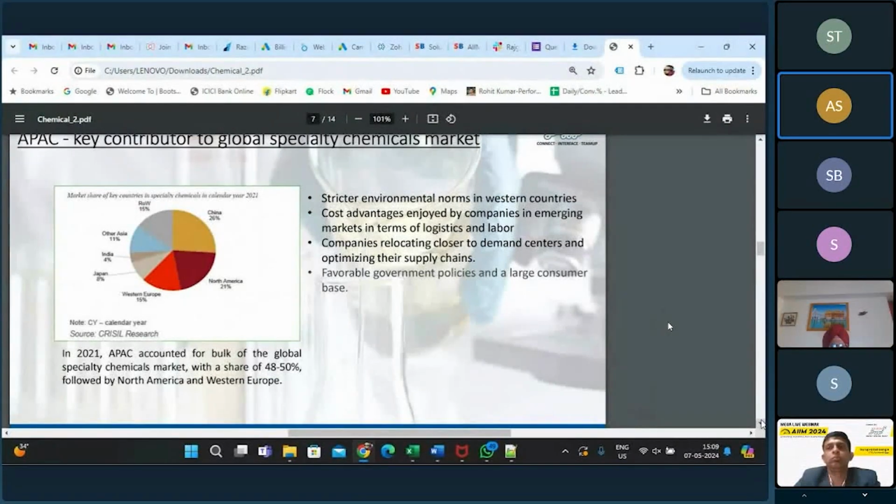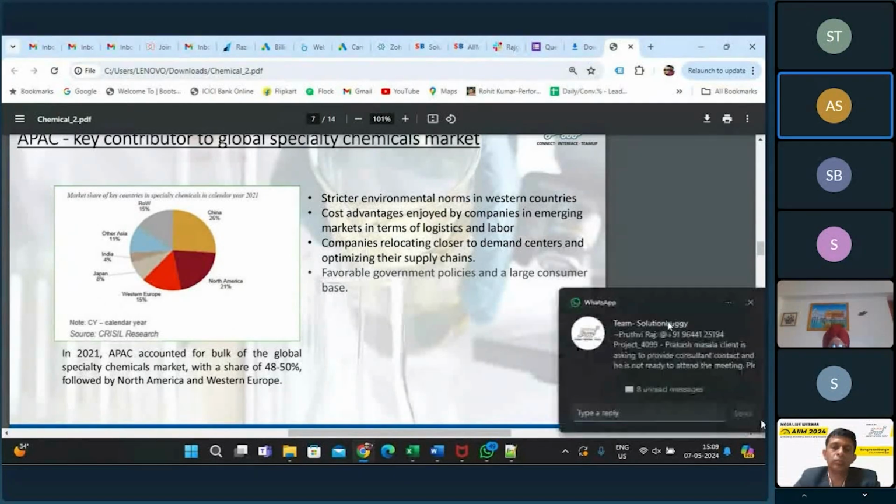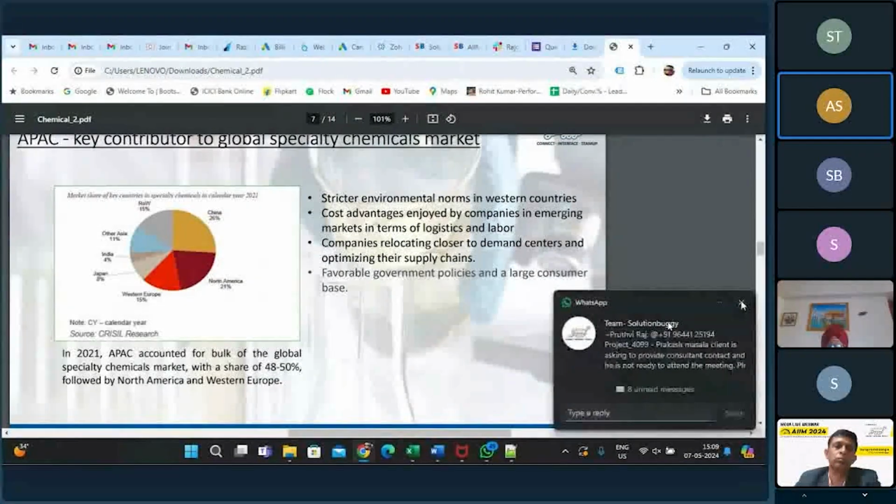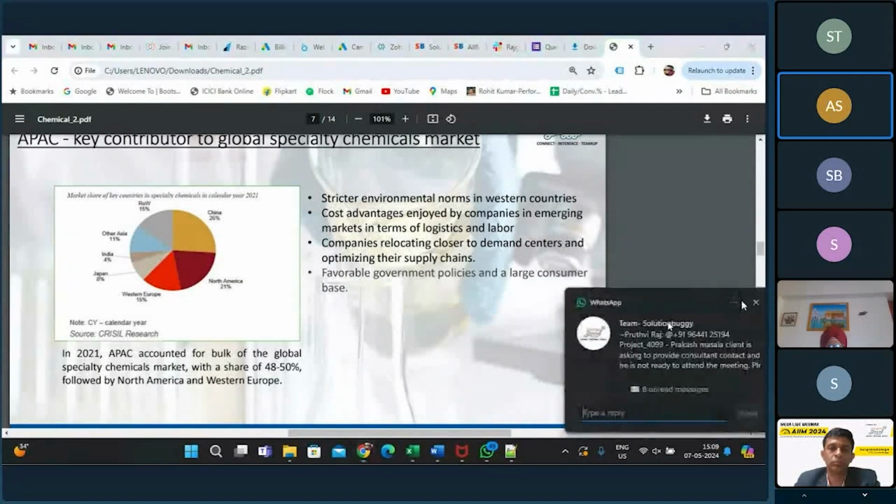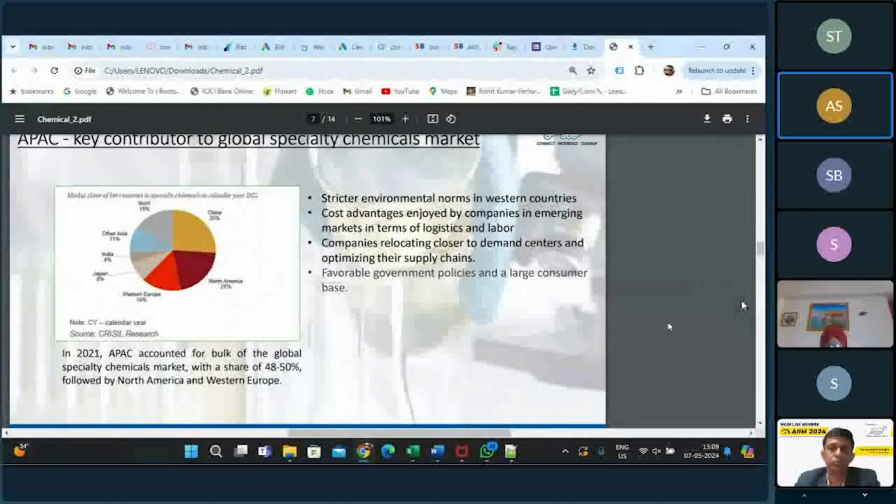And also now the companies want to relocate to the demand centers so that their supply chain is optimized. And we heard from Dr. Jasmant as well, we have favorable government policies that are coming up. So this is the reason why APAC is becoming a key contributor.